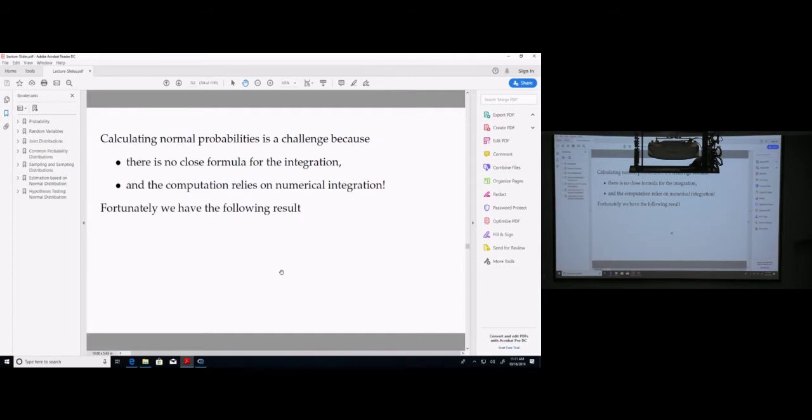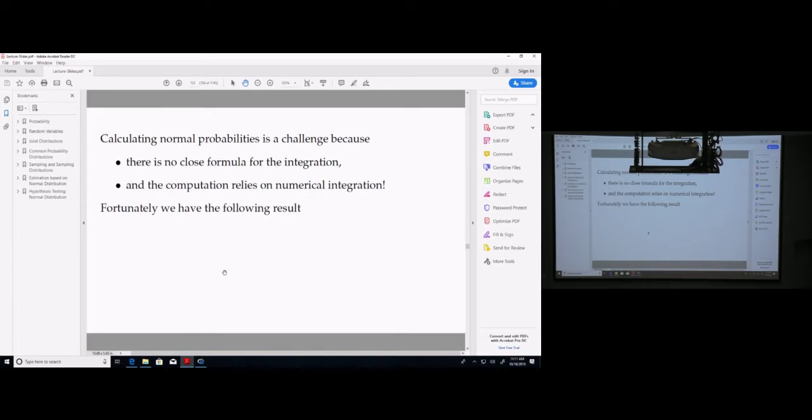Now, of course, a lot of these things are quite easy now. You don't feel the pain because nowadays you can use your graphic calculator. My age is the dark age.